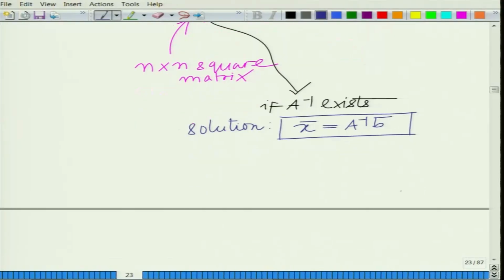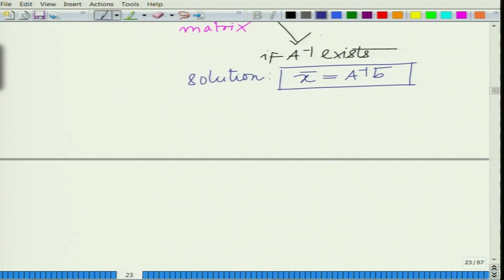Okay. And let us take another example, a very simple example to understand this point.